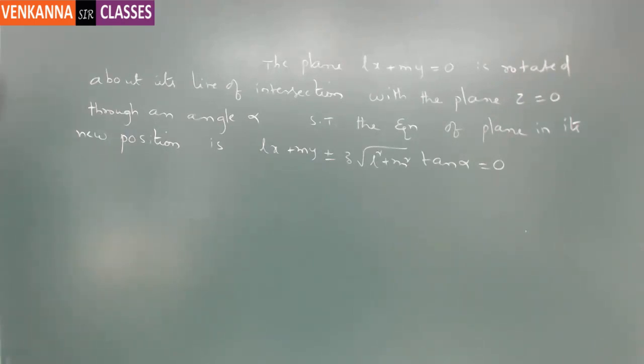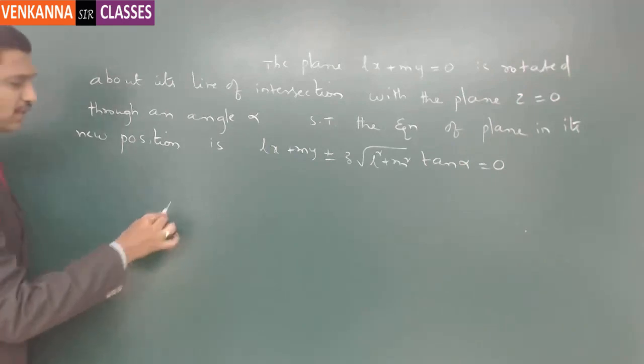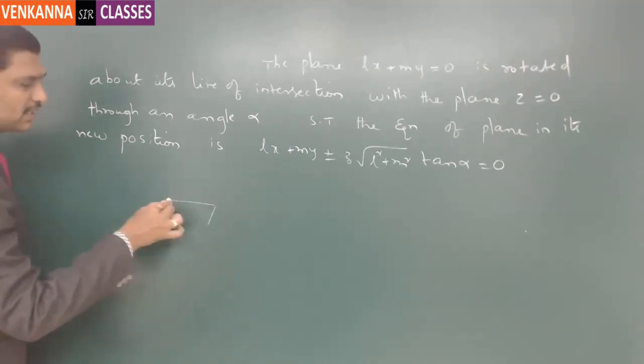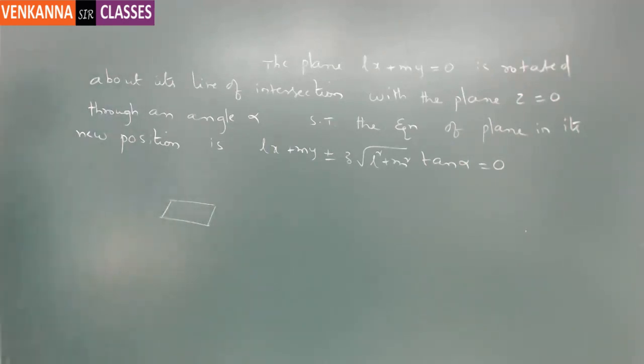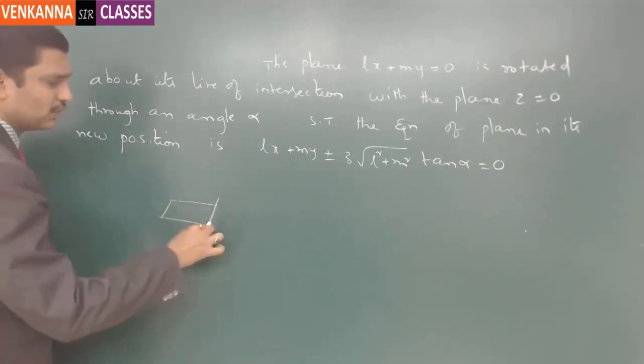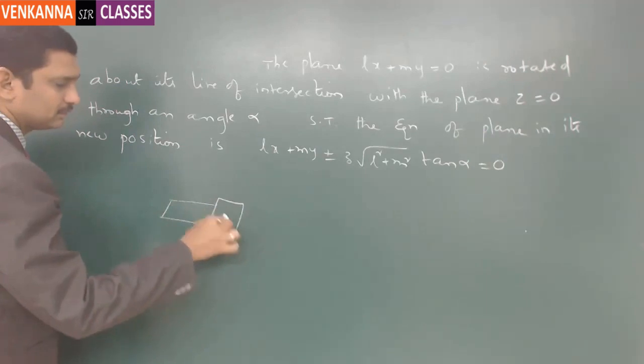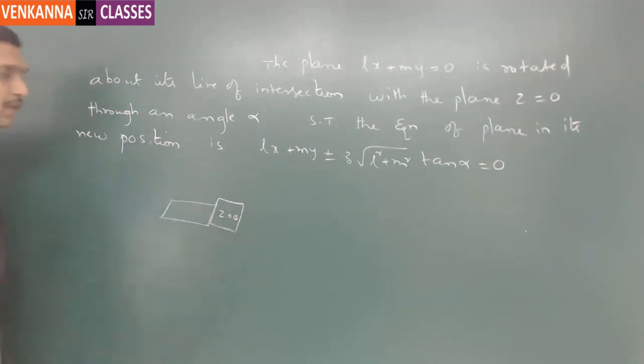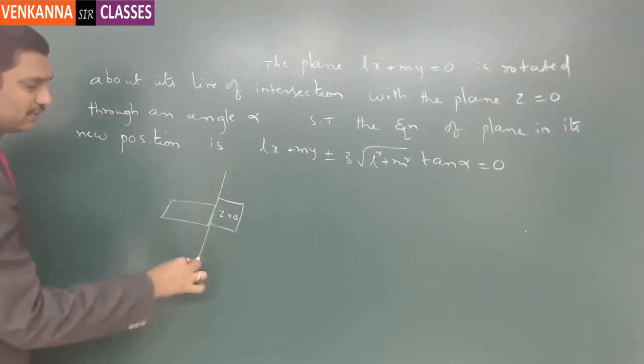If you visualize, the first plane is Lx plus my equal to 0. The second plane is z equal to 0. So here you will get a line of intersection.